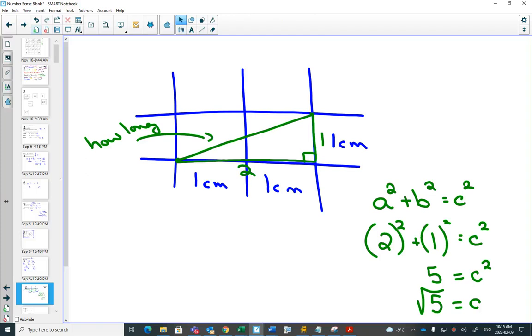So we just drew a line. We just drew a number that goes on forever, but it actually is an actual length that exists. That's sometimes confusing and hard to imagine too. All right, sorry. We're going to do lots of a squared plus b squared equals c squared from now until you graduate in grade 12.